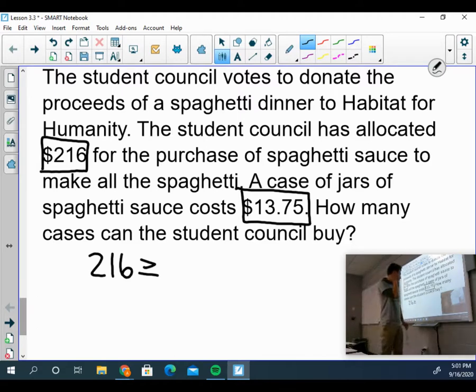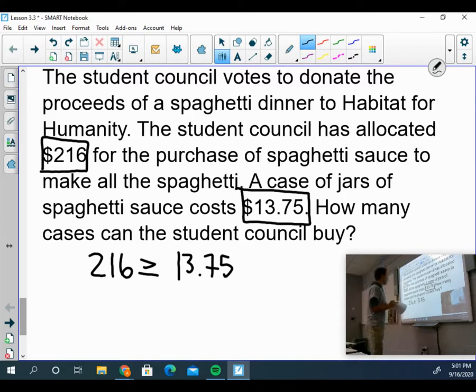So now let's work through the $13.75. A case of jars costs $13.75. Well, easy enough. But the question is, how many cases can the student council buy? The mistake that most people will make here is they'll put $13.75 plus C for the number of cases they can buy.